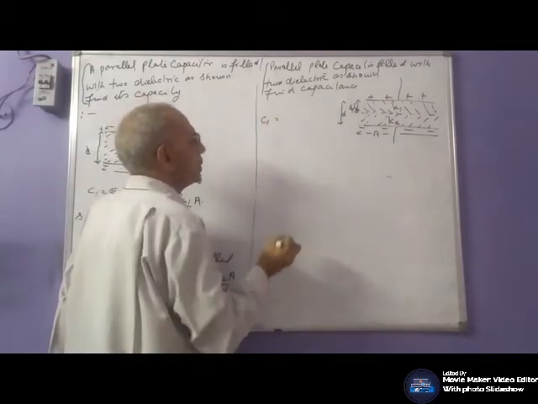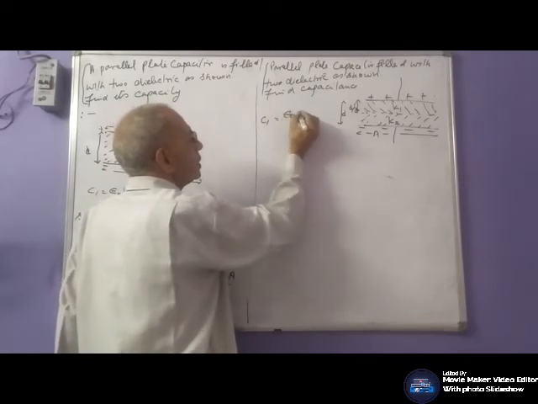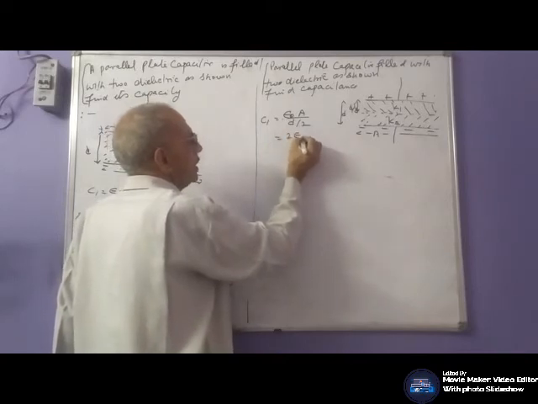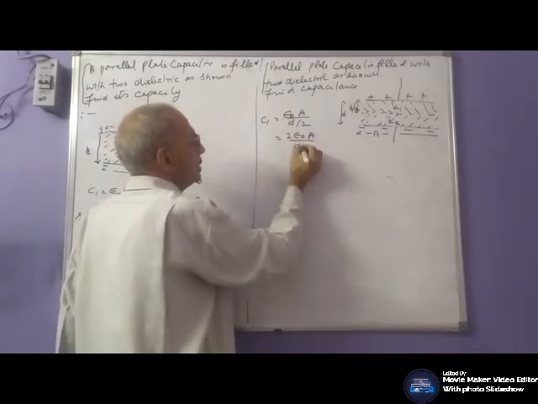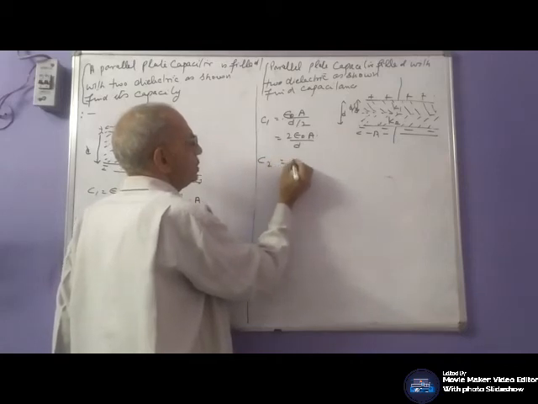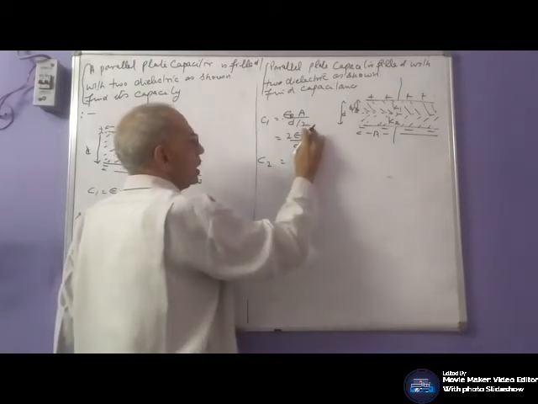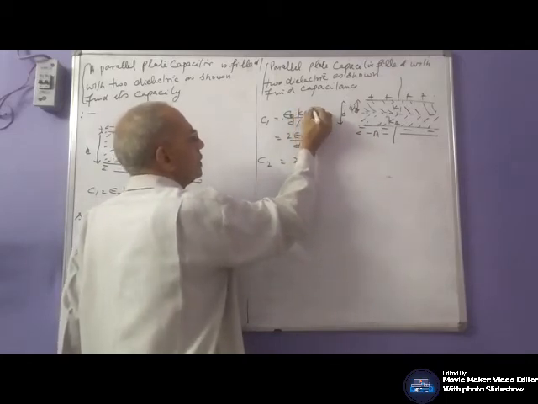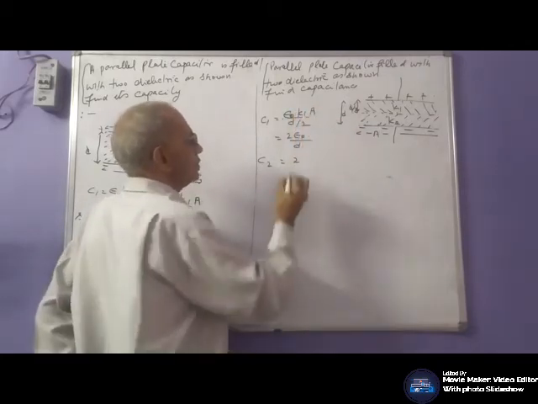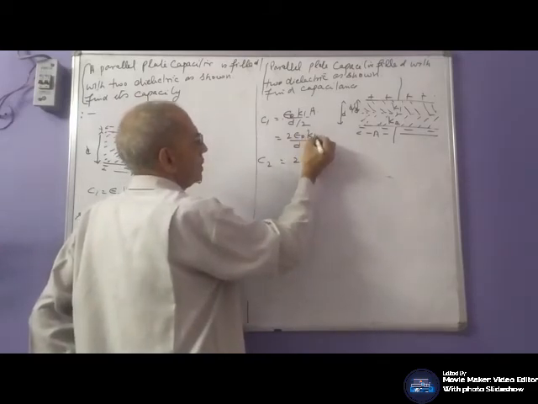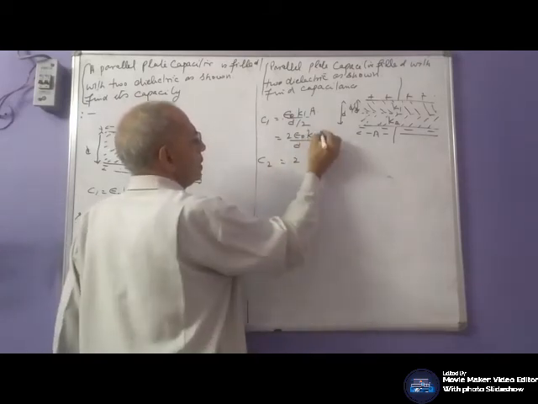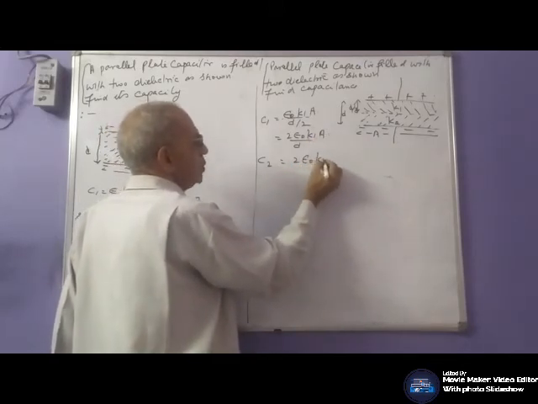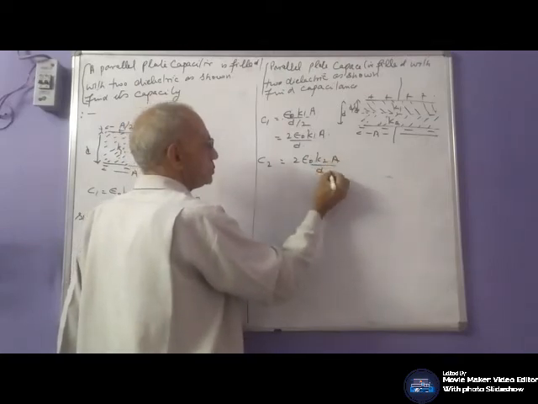C1 epsilon naught A by D, 2 epsilon naught A by D. Similarly C2, epsilon naught K1 A, similarly, 2 epsilon naught K2 A by D.